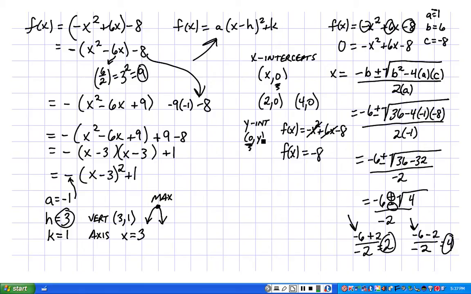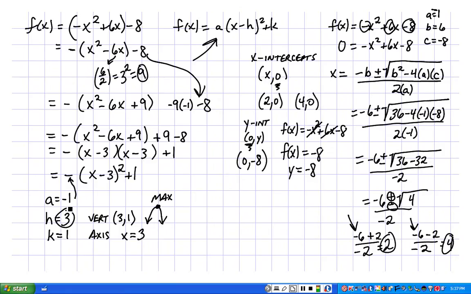And remember, we're looking for the y-intercept. Y is the same as saying f of x. So y would equal negative 8. So for a y-intercept, you'd have 0, negative 8. Okay. So if you were graphing this, and it'd be hard to do right now, let's say I'll write all this over here.